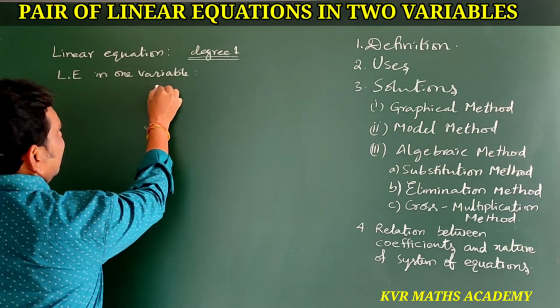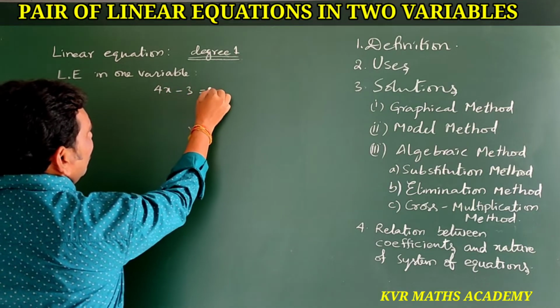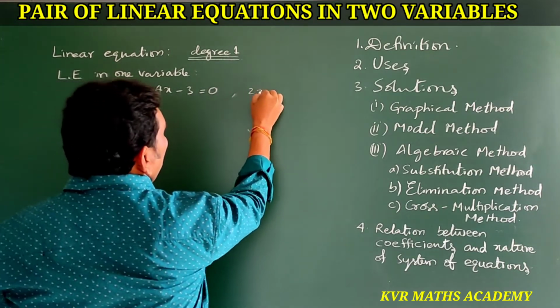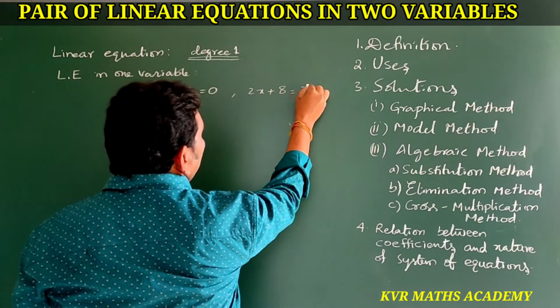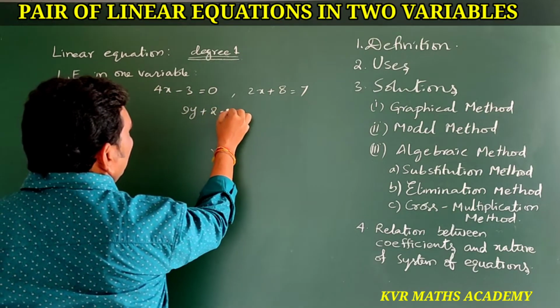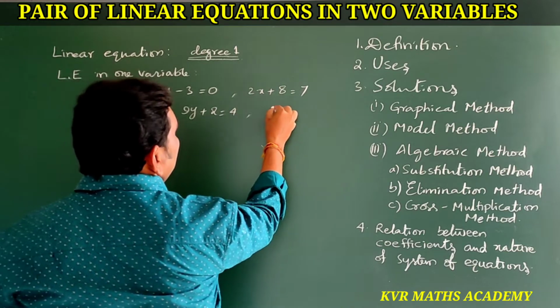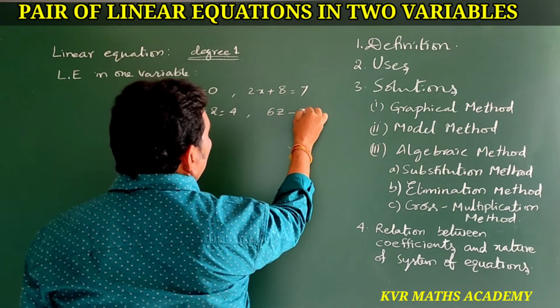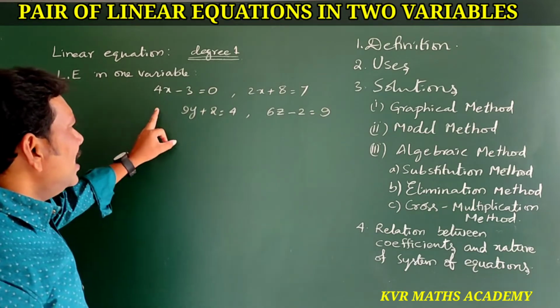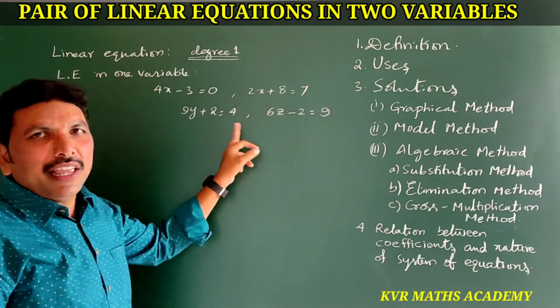Suppose 4x minus 3 is equal to 0. 2x plus 8 is equal to 7. 9y plus 2 is equal to 4. 6z minus 2 is equal to 9. These are all linear equations only. Why?